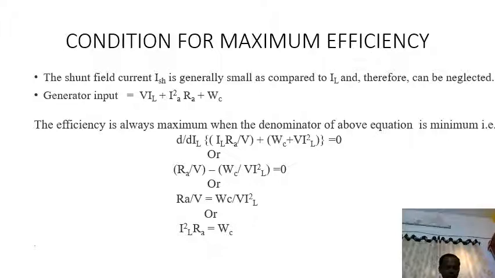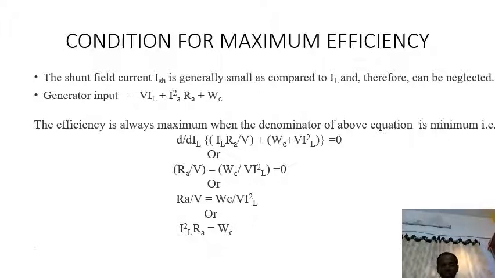Cross multiplying, you get I square RA is equal to WC. What is I square RA? Armature copper loss, the variable loss. What is WC? The constant loss. So the condition for maximum efficiency is variable loss equal to constant loss.